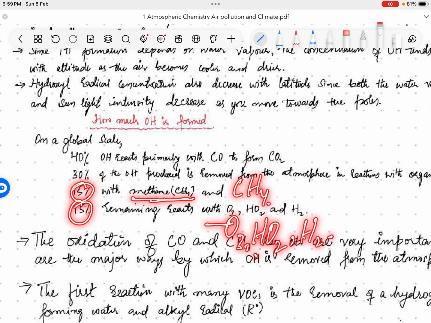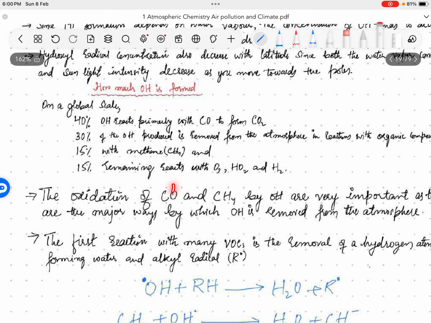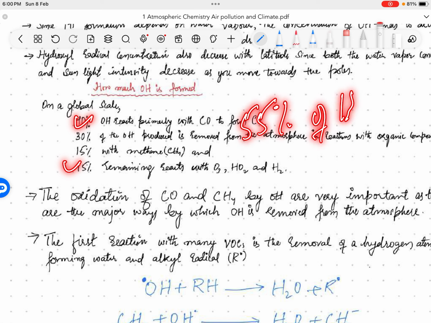So together, carbon monoxide and methane consume about 40 and 15, that is 55% of the OH radicals.